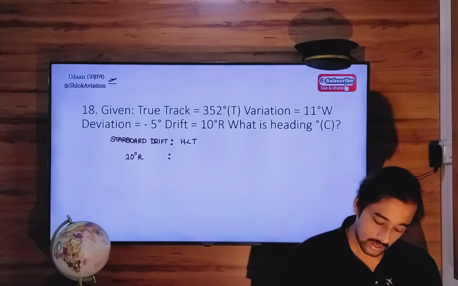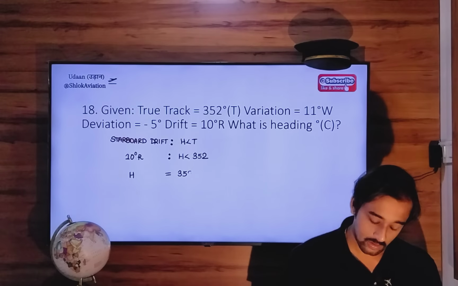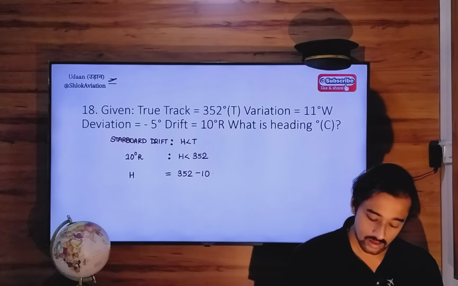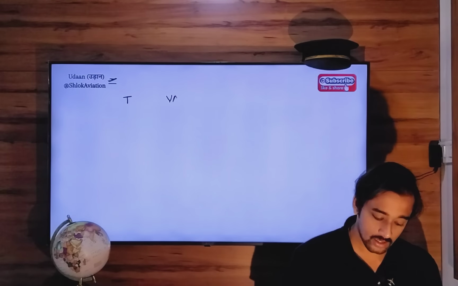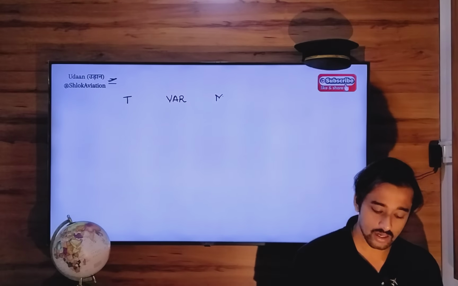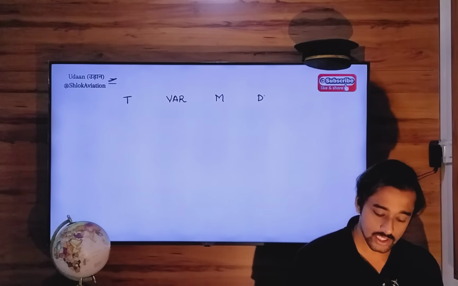So heading will be equal to 352 minus 10, which is 342 degrees. Okay. So now true, variation, magnetic, deviation, and compass. Now true heading is 342, variation is 11 west.